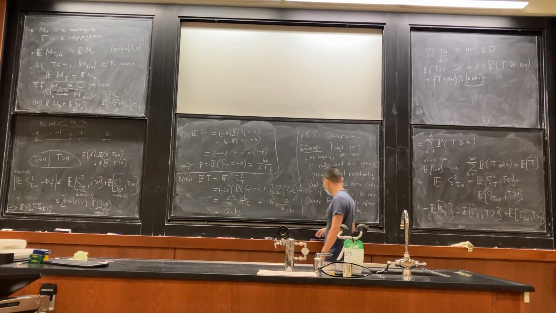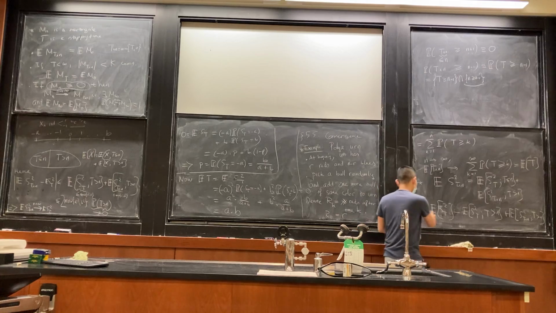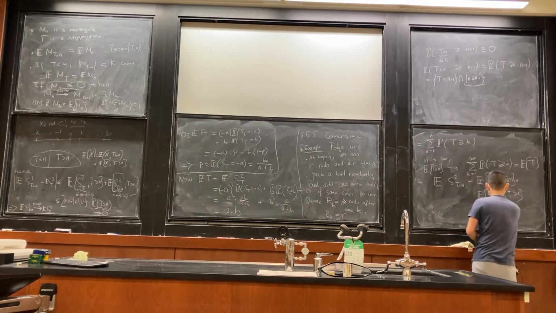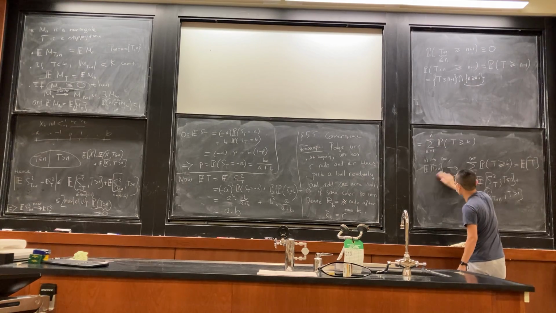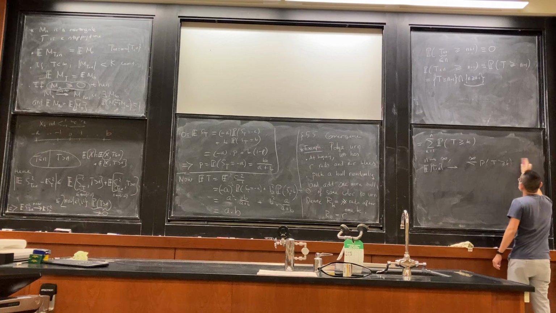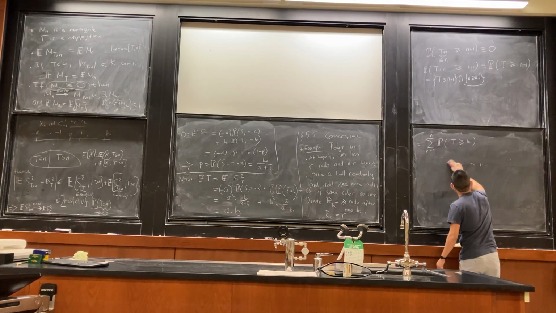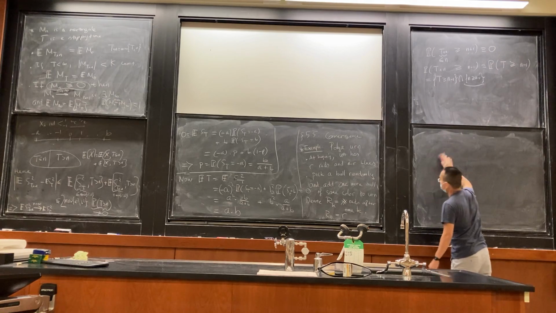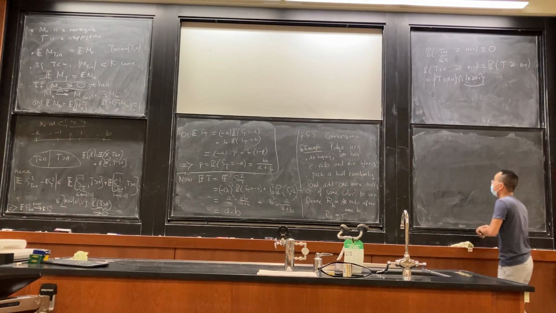So this R_k is basically a Markov chain, because in order to determine the next number of reds in the urn, I just have to base it on the current number of reds.